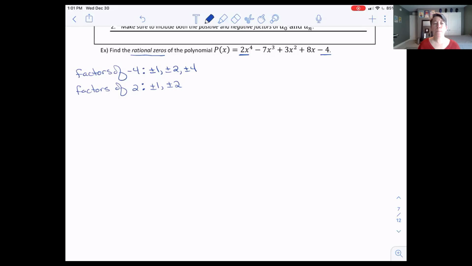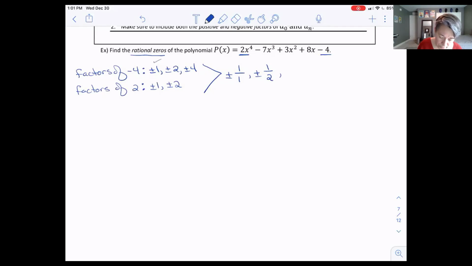If we're looking for possible rational zeros, we're actually going to put every number from the factors of -4 over every number of the factors of 2. So for example, 1 is a factor of 4. So possible rational zeros could be plus or minus 1 over 1, or plus or minus 1 over 2. I got the 1 from factors of 4, and the denominators 1 and 2 are your factors of 2.